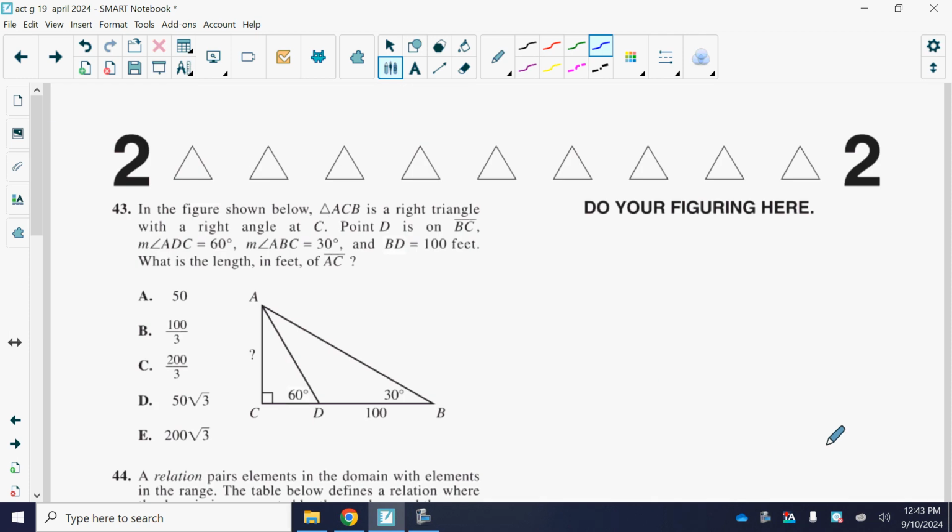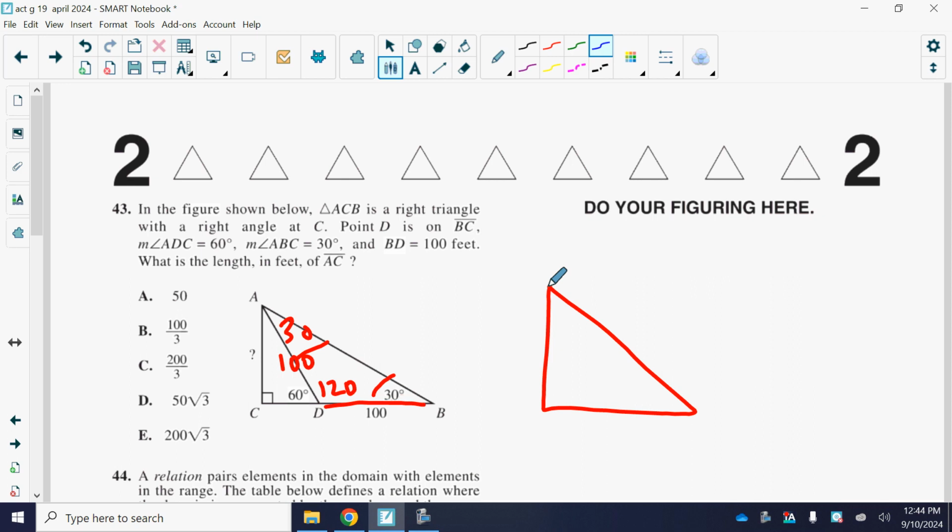This one's tricky. This is 60, so this is 120, which makes this 30, which makes the bottom right side triangle isosceles. So if this is 100, by the isosceles triangle theorem, the side opposite the 30 is 100.